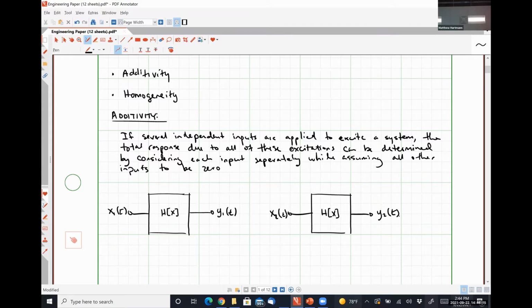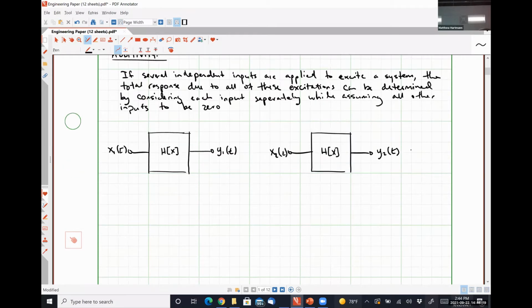Where the additivity property comes in is if I take my network and I apply both inputs simultaneously. So on the input side, I apply x1 and x2 of t.